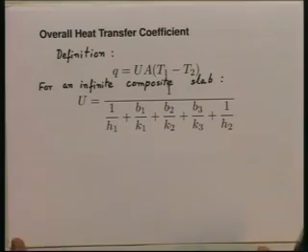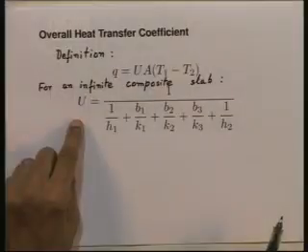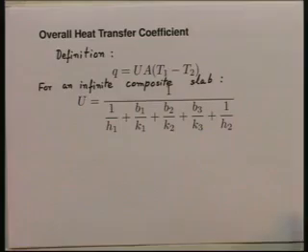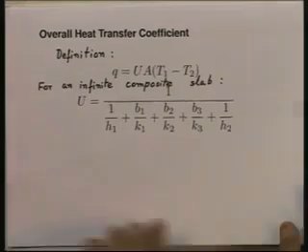So, what we have done is we have defined a term called overall heat transfer coefficient, and for the infinite composite slab case I have given you the expression for the overall heat transfer coefficient, since we just derived an expression for heat flow rate across an infinite composite slab.